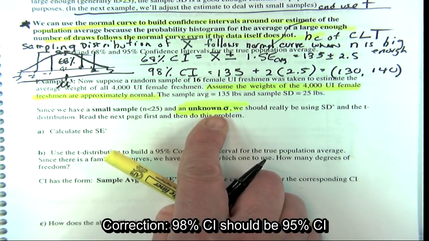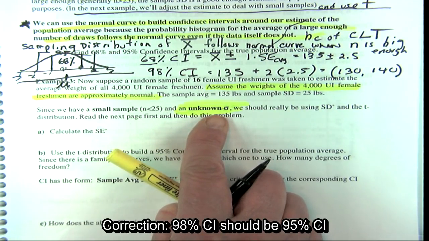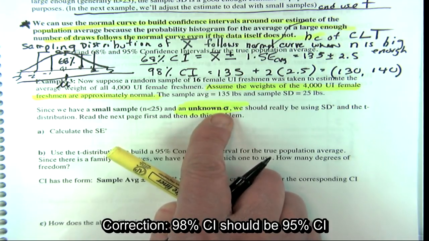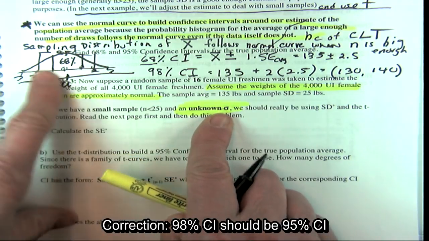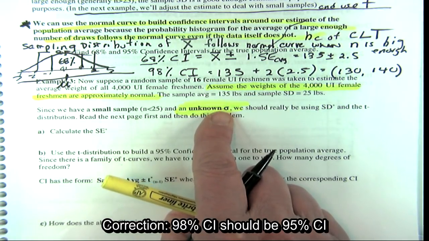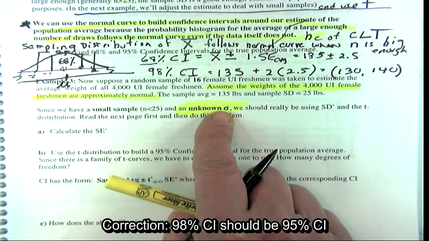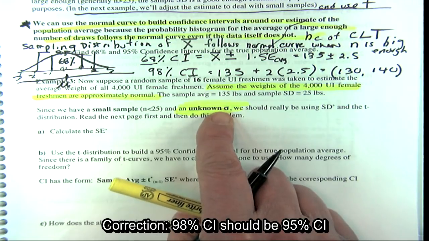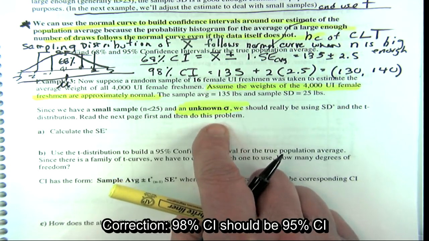We could just use the normal curve. But actually, when you don't know sigma, the sampling distribution of the average follows a slightly different curve called the t-curves. And this is true no matter how big your sample is. It's just after a while, the t-curves look very much like the normal curve. So we're going to have to introduce the t-curves now.